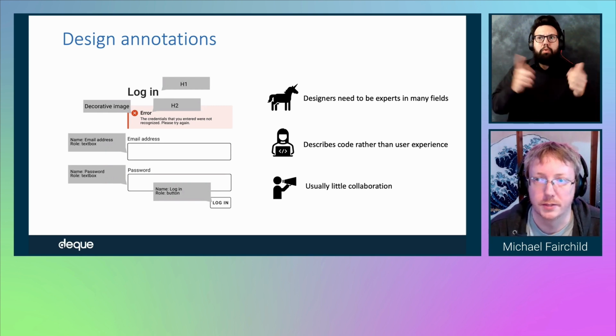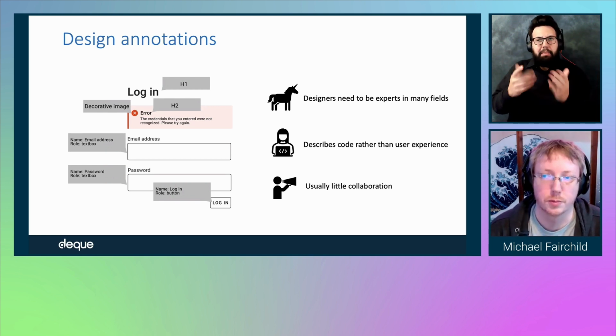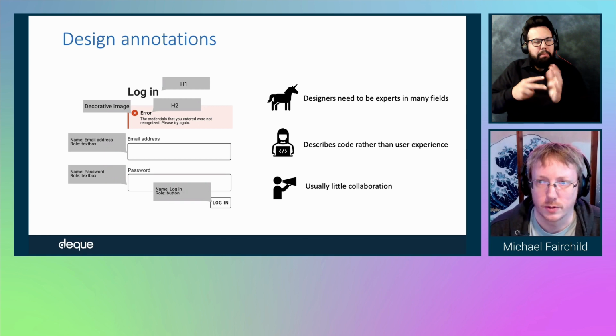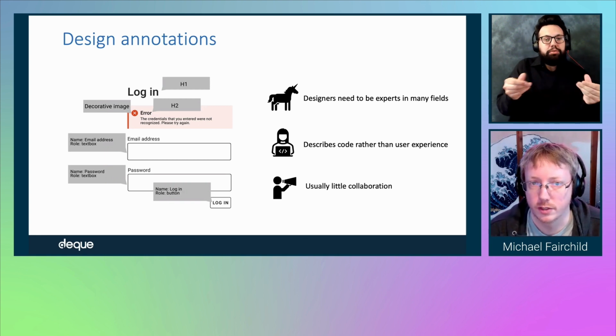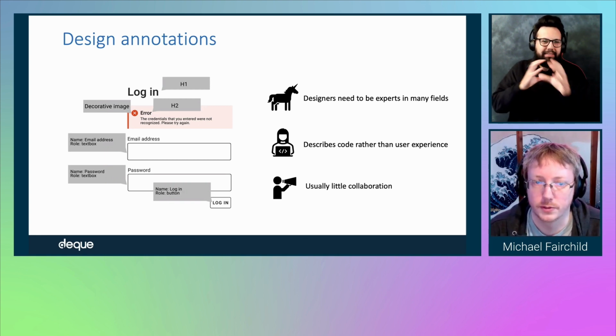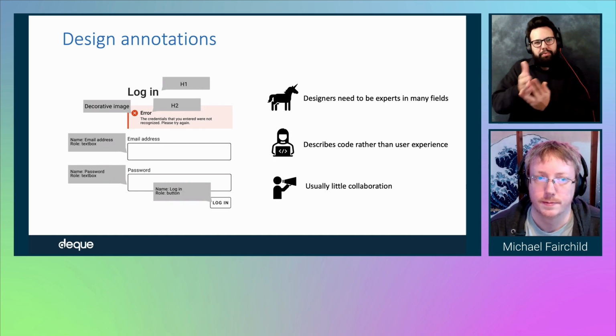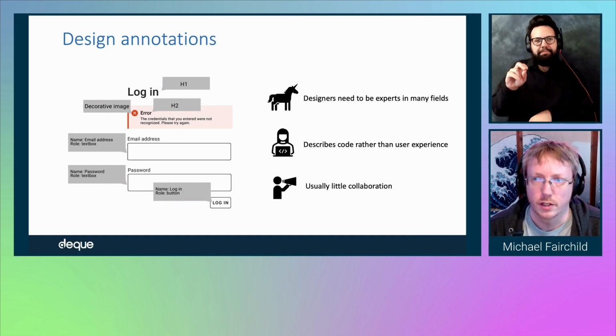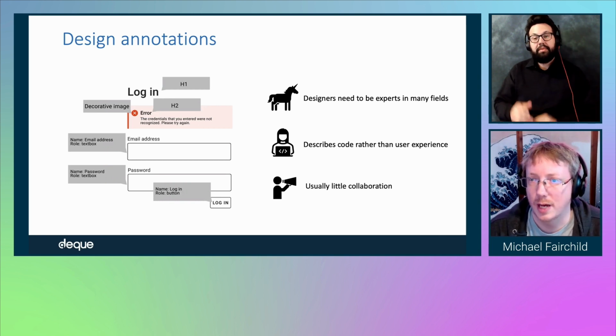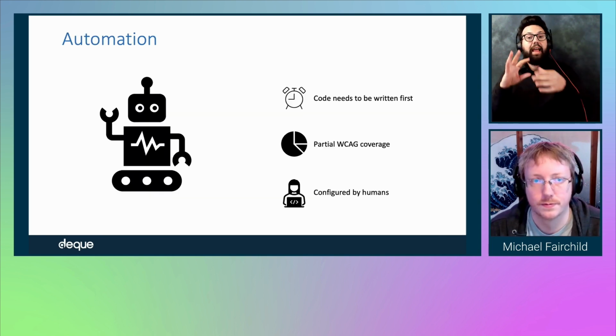They might think of a better or more efficient way to approach it, but the annotations are already there, and it's hard to have that conversation at this point. So again, design annotations are really good in some situations, but there are some gaps that we need to acknowledge.